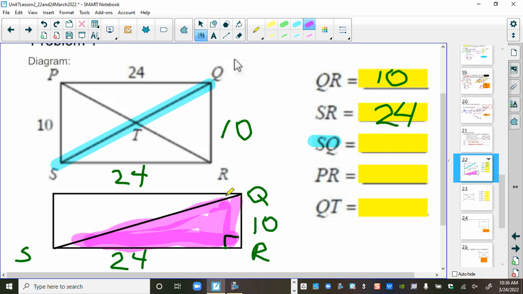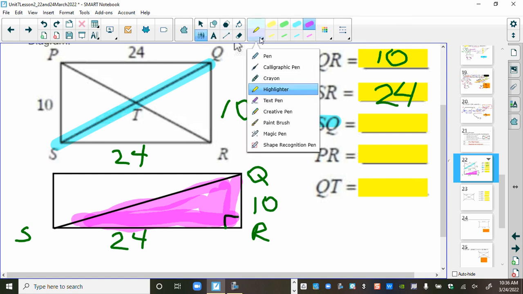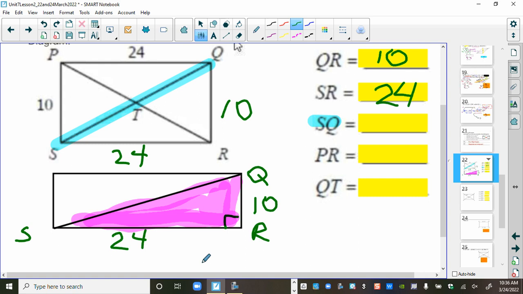We have, then S to Q is our, begins with an H, hypotenuse. That's our hypotenuse. So we're going to use the Pythagorean theorem to get the S to Q bit. So to get SQ, well, actually right now it's going to be SQ squared.